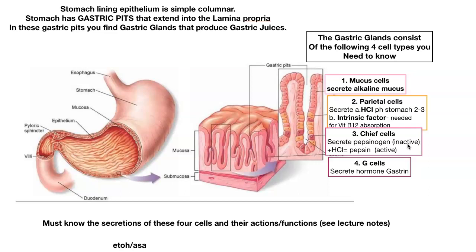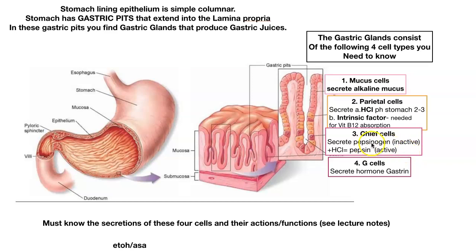But in the acid conditions of the stomach, if you add HCl to pepsinogen, you will make an active digestive enzyme called pepsin. And pepsin will break down proteins into amino acids.